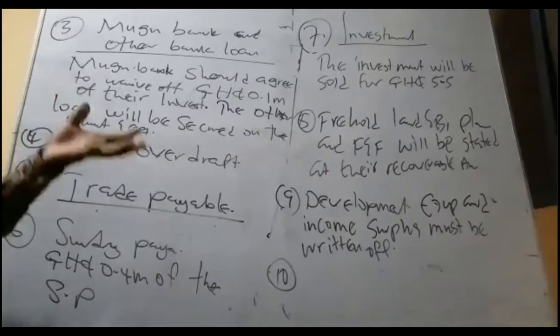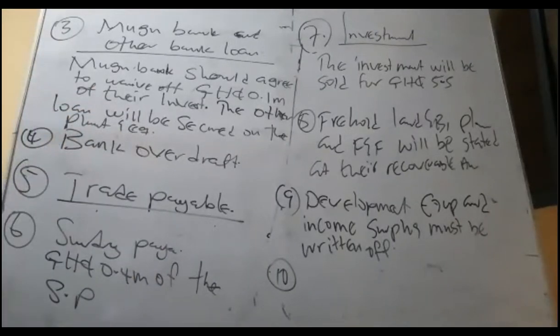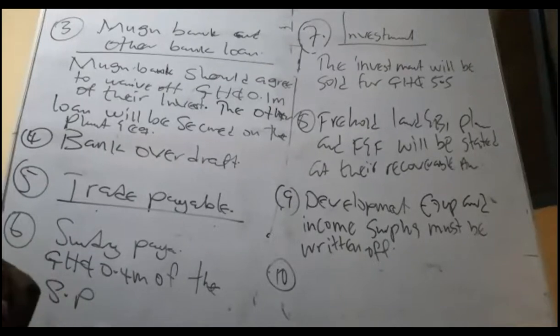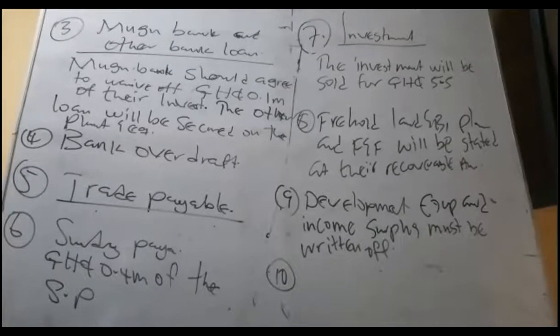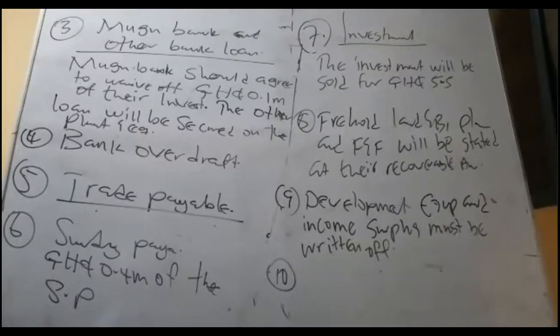Good. So let's go to note 10. Note 10 will be about the scheme will achieve a prudent working capital ratio or a current ratio of 2:1.